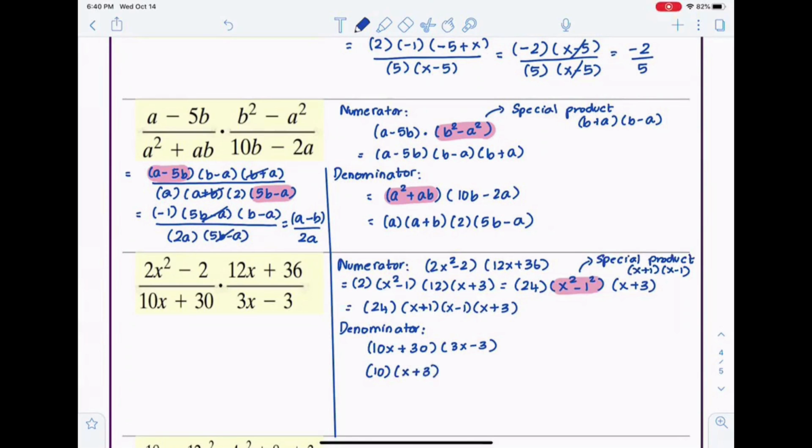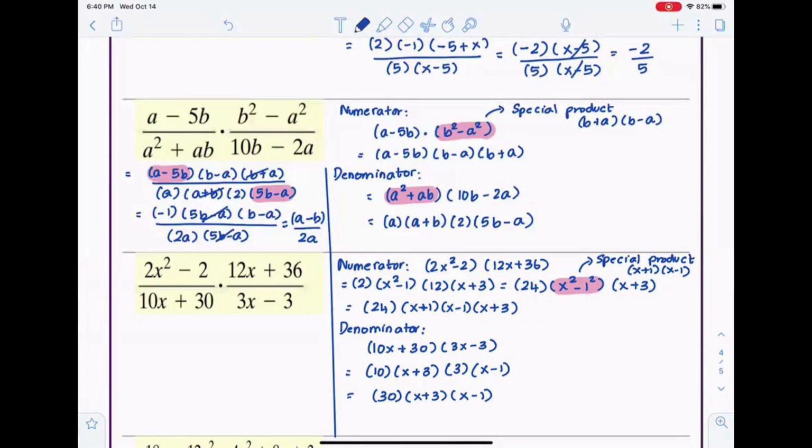In the second factor, we have 3 in common. So if I pull 3 out, I have x minus 1. Now I could combine the numbers together. 3 times 10 is 30. So I have 30 multiplied by x plus 3 multiplied by x minus 1. And that's the best I could do. So there is nothing more to simplify.